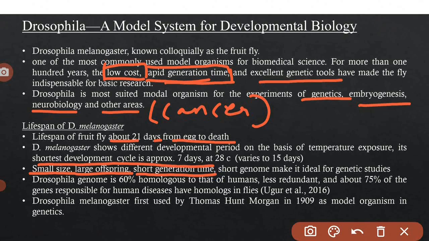Then the short genome makes it ideal for genetic study. That means the genome size of Drosophila is comparatively very small. Drosophila has only four chromosomes, and while having a short genome size, it has 60% homology with the human genome. This feature makes it an ideal model organism.